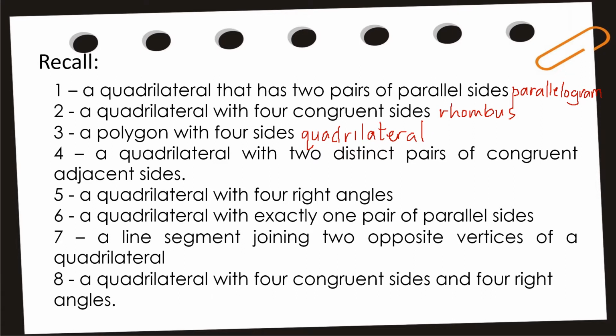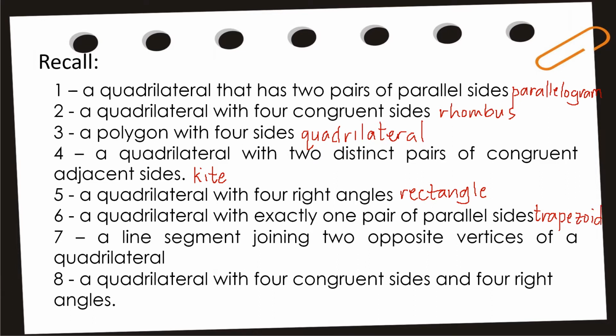Next, a quadrilateral with two distinct pairs of congruent adjacent sides is a kite. Next, a quadrilateral with four right angles, it is a rectangle. A quadrilateral with exactly one pair of parallel sides is a trapezoid.